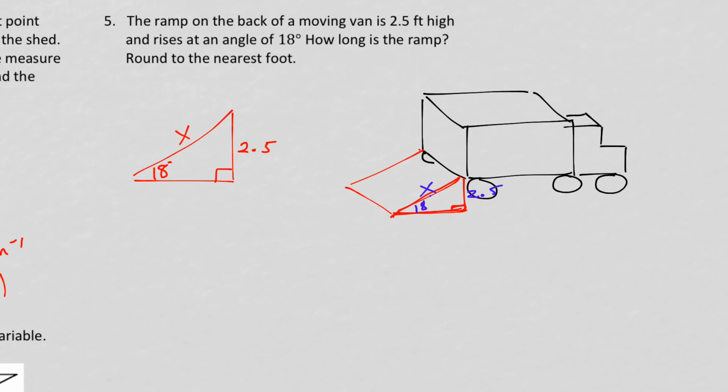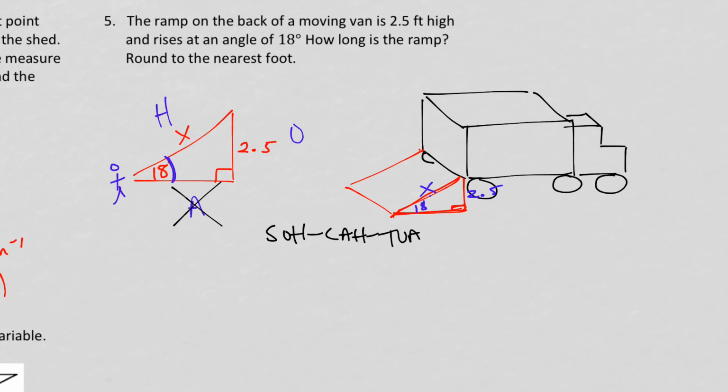So here, again, I'm going to first pick my reference angle, and from here, I have my hypotenuse, my opposite side, and my adjacent side. In this case, notice how my adjacent side has no value for me, so I'm not going to use this adjacent side. So using SOHCAHTOA, I'm going to be using the opposite and hypotenuse.